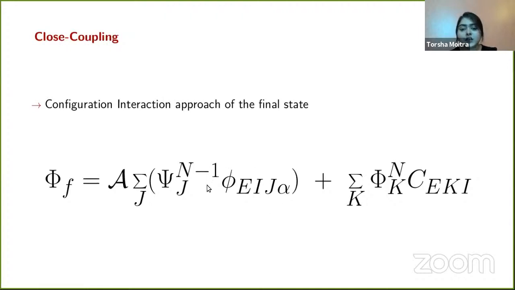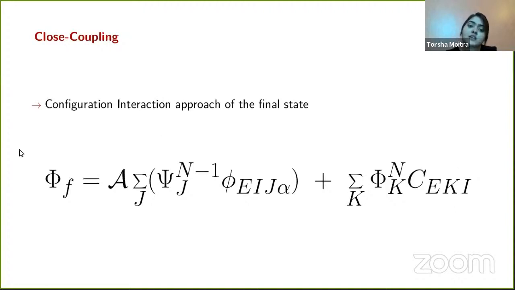The second term is a linear combination of all localized n-electron bases with coefficients C. This second term takes care of autoionizing states.